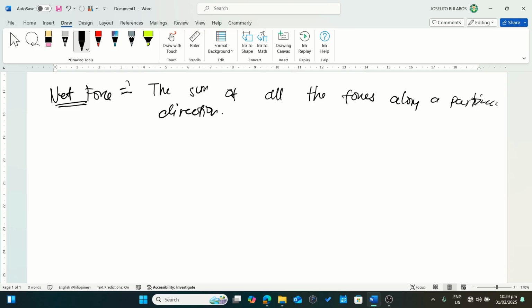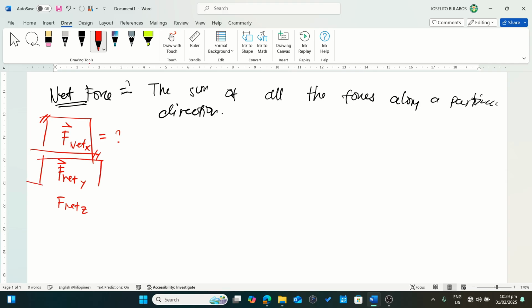This is normally represented by this equation. Suppose we wanted to know the net force, all we have to do is simply get the sum. We could say net force along x, F net y, and F net z. So the same meaning, but in different directions.